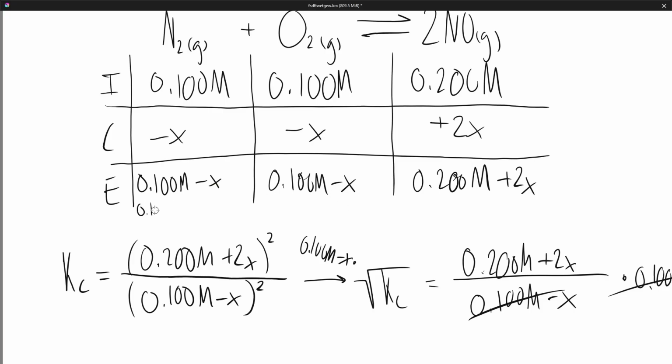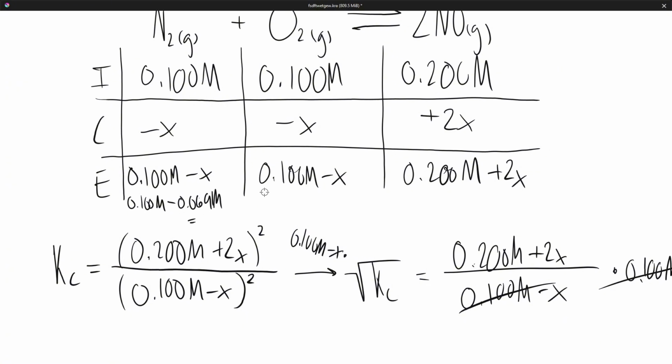So it would be 0.100 molar minus 0.0691 molar, and 0.200 molar plus 2 times 0.0691 molar.